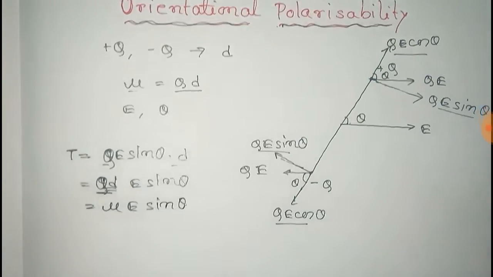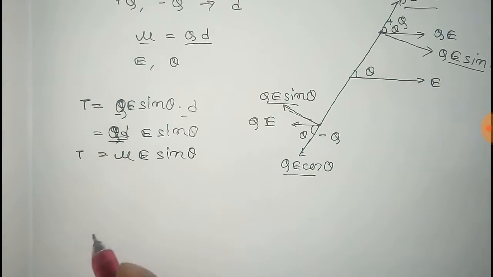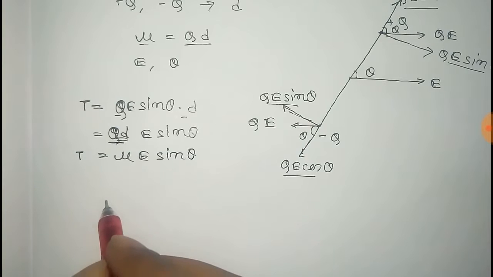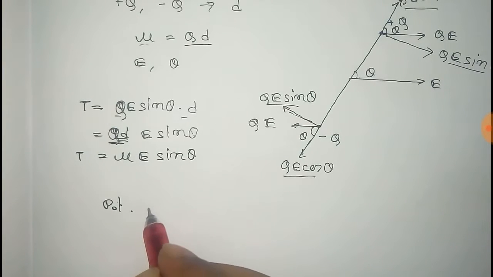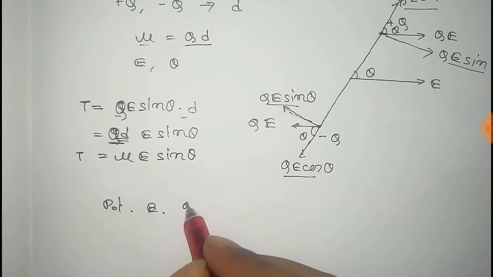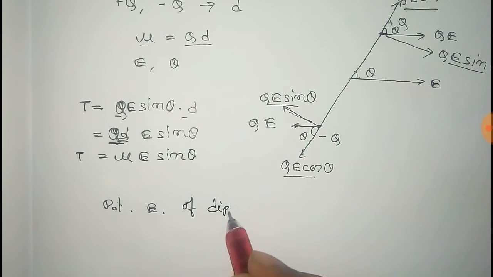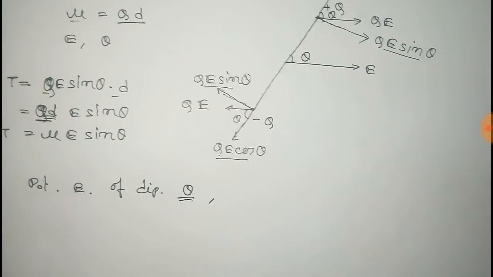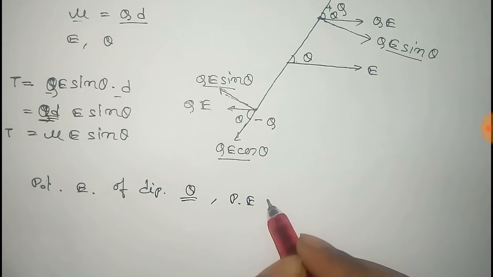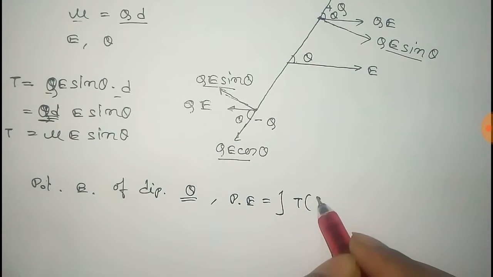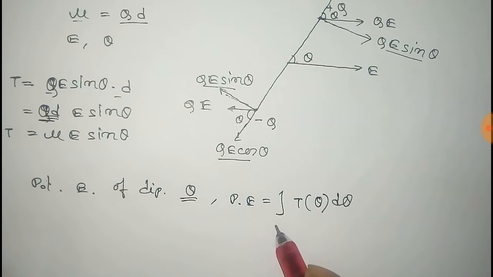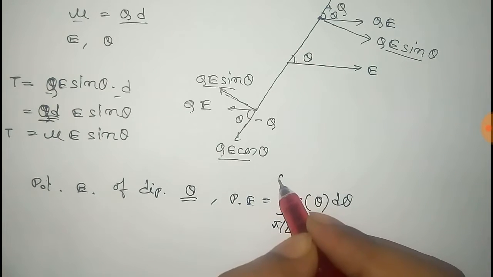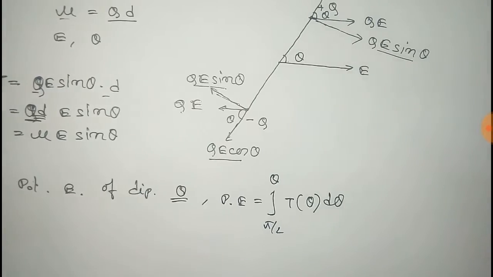Now the potential energy of the dipole at an angle theta is equal to the integral of tau d theta, with the limit pi by 2 to theta.